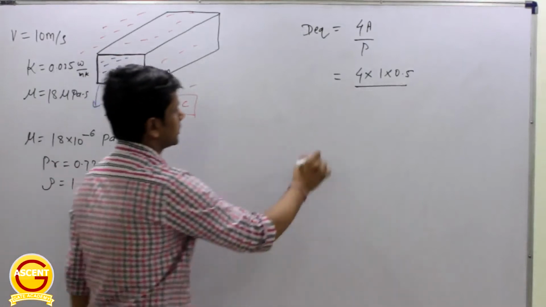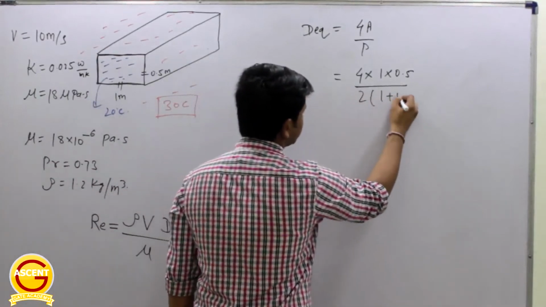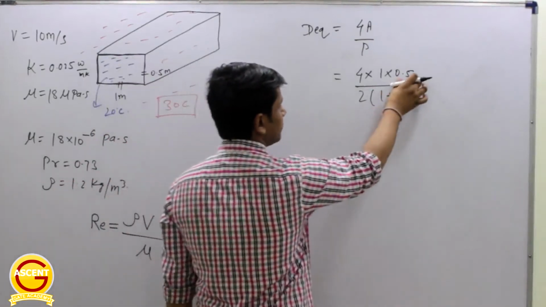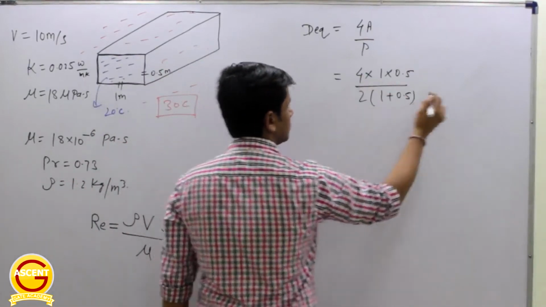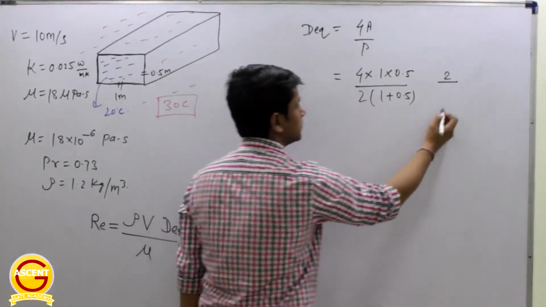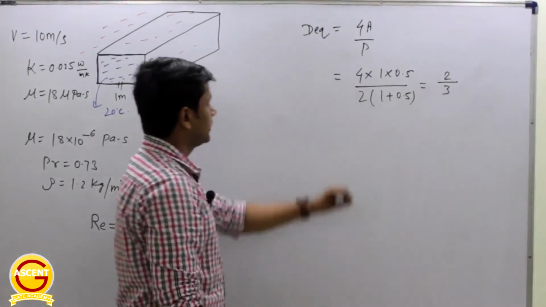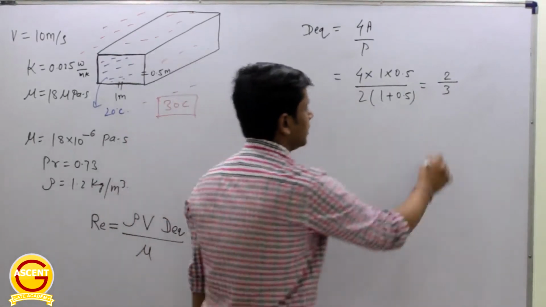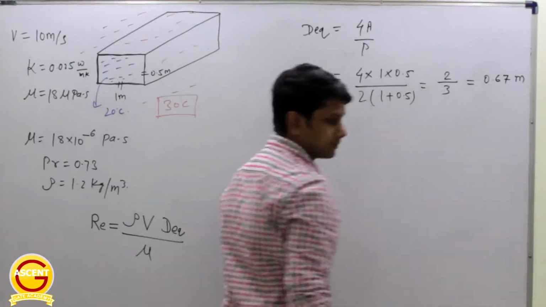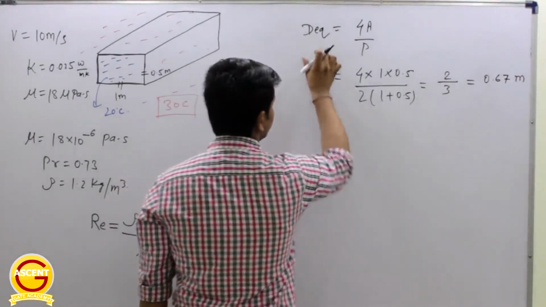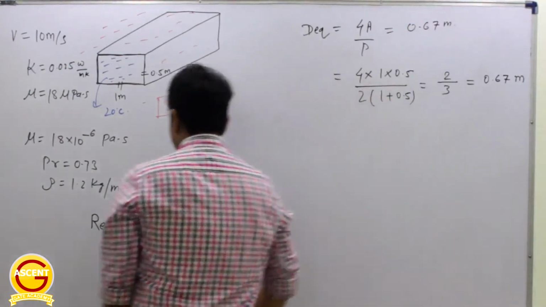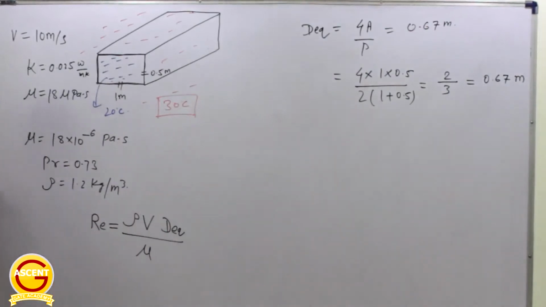Now 0.5 can be written as 1 by 2, so it becomes 2 divided by (2 into 1.5), which is 3. So D equivalent is 2 by 3, which is 0.67 meter.